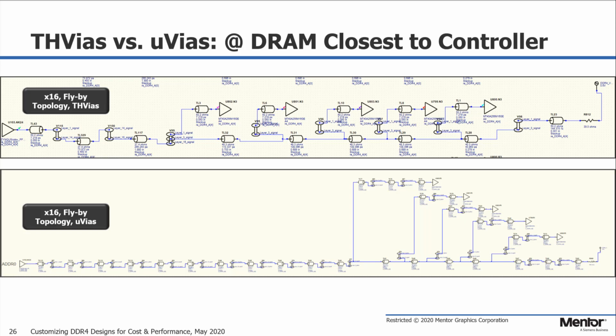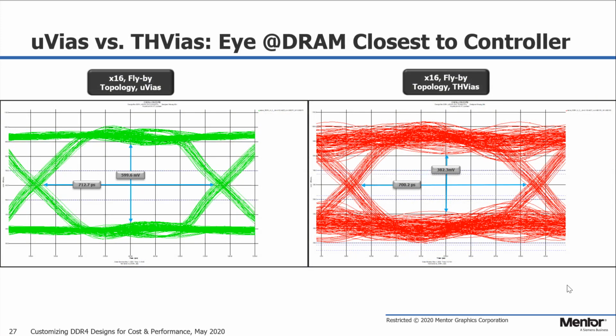We'll probe at the DRAM furthest away from the end terminator for both nets, as usually this DRAM has the worst signal quality due to reflections. You can see from the eye diagrams here, with the through-hole vias on the right, you lose a little bit of timing margin, but the ringback is worse, nearing the AC threshold overall, reducing the noise margins.